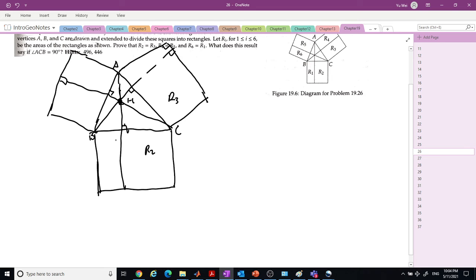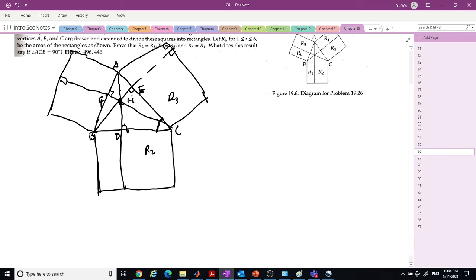Let me label some points, maybe D, E, F. Okay, they are the feet. Then you can see, based on the triangle, this is angle C, right?